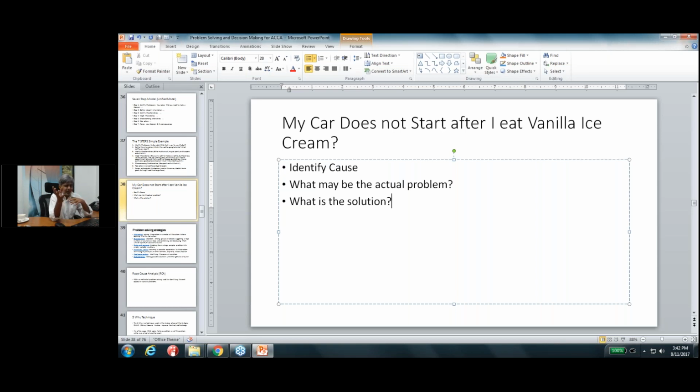Miss Jahan Aram Ghalban is the one who actually pointed out that thing. So that is for sure that vanilla ice cream has nothing to do with the car not starting. The two other responses have rightly pointed out that there is an issue of time.